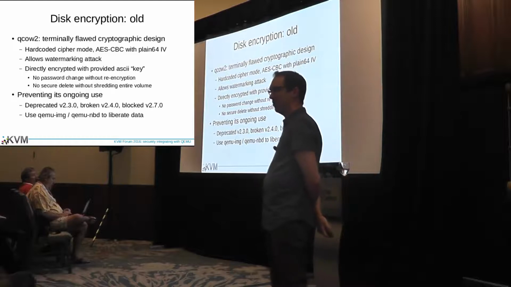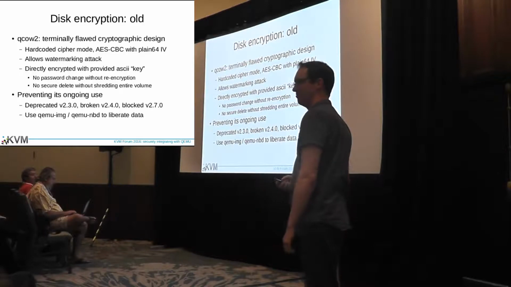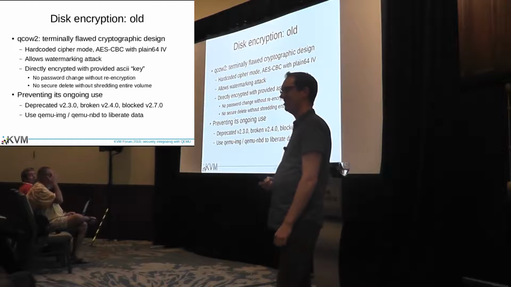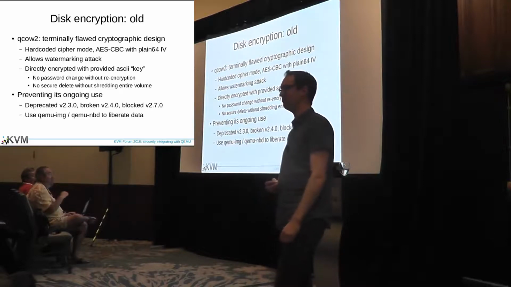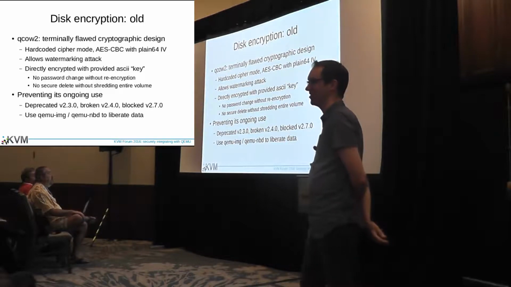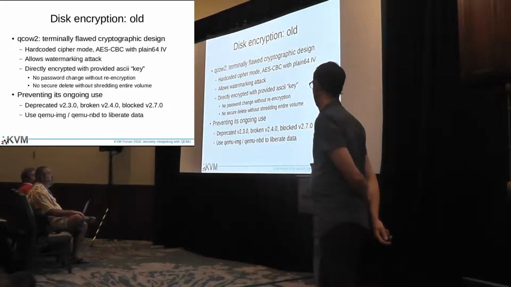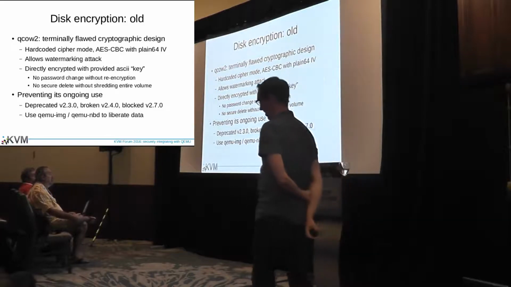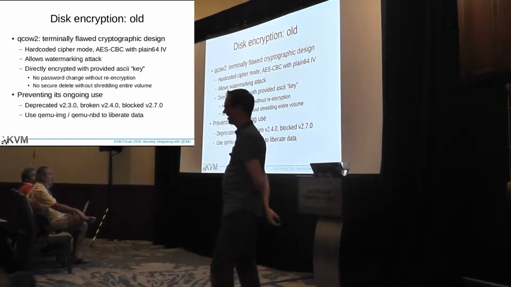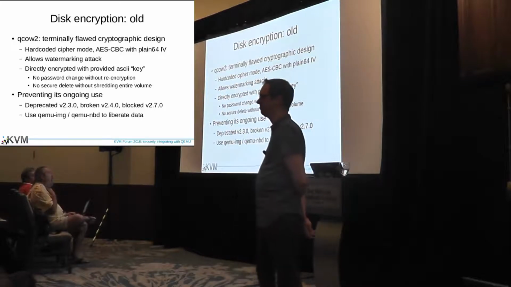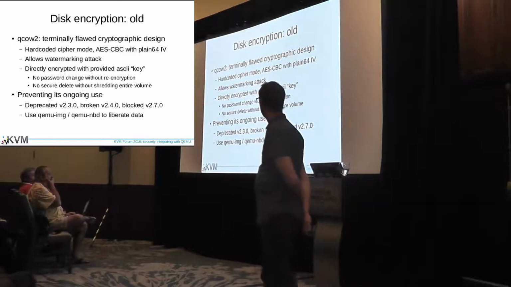That wouldn't have been the end of the world if you could configure the algorithms that QCOW2 used, but in another great bit of design, the choice of encryption modes was completely hard-coded, so there's no ability to change these in QCOW2 without breaking compatibility with previous QEMUs.